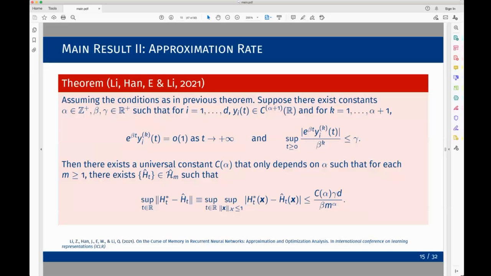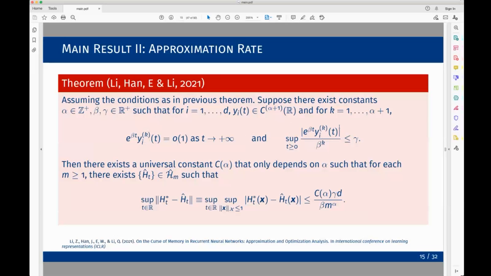In other words, e^(beta t) times y_i^(k)(t) goes to 0 as t goes to infinity. Given this, we can also specify a uniform constant gamma in the following sense.